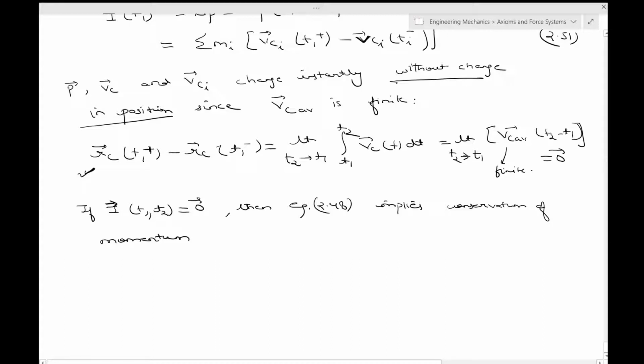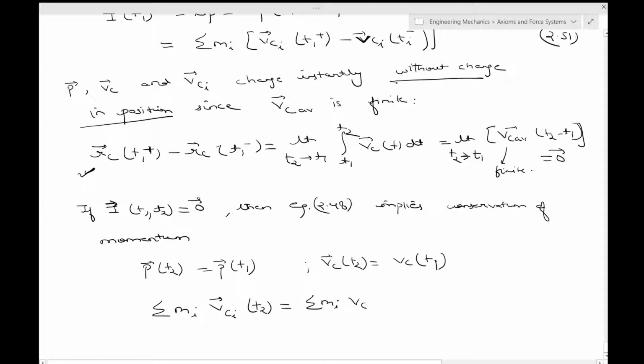So P of T2 equal to P of T1, or VC, since the mass is not changing, VC of T2 equal to VC of T1, and the sum of Mi VCi of T2 equal to the sum of Mi VCi of T1. This is 2.52.